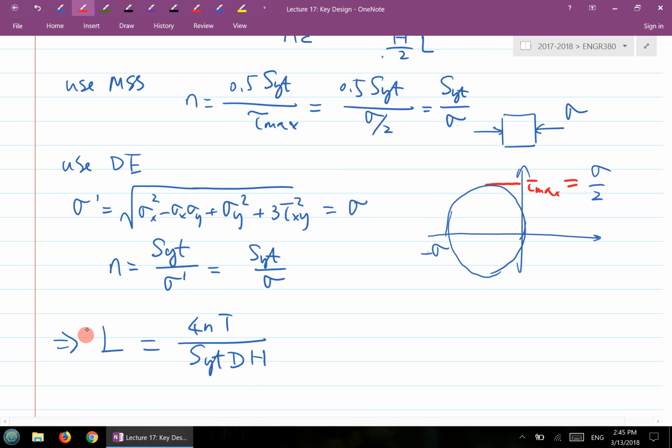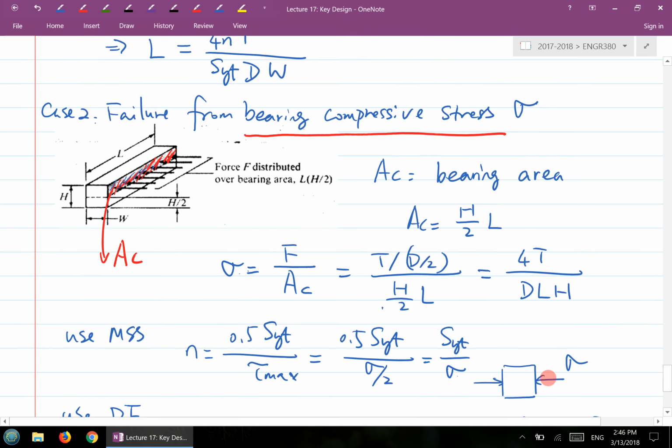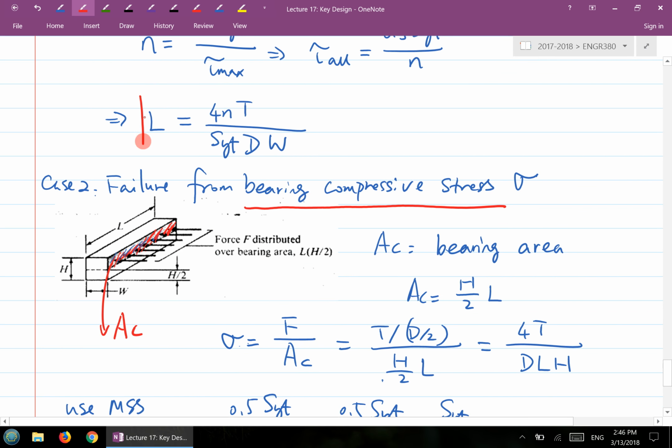So now we have essentially two formulas we can use to calculate the minimum length of the key.